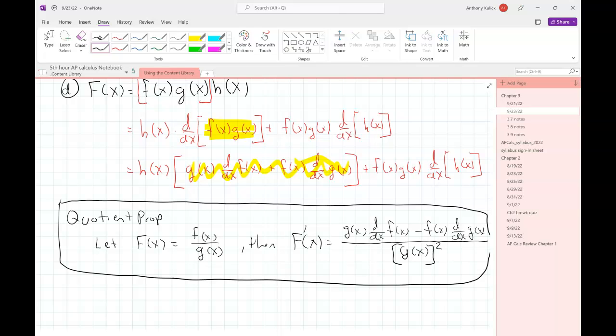Sophia? When do you use the apostrophe versus the d over dx? They're interchangeable, so they mean the same thing. I think that when you have an actual problem given, like this, the d/dx makes it easy notation to put in front of whatever you're taking the derivative of.